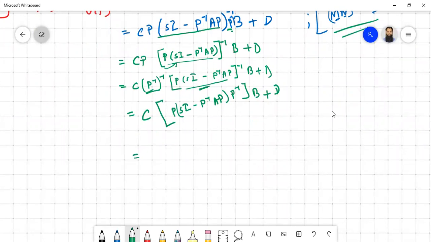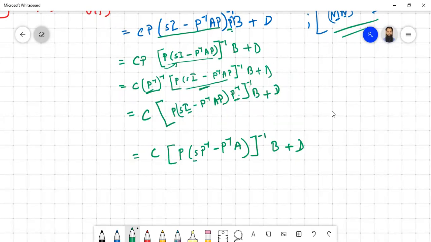Now, if you multiply this P with the parameters that you can see, it will be just multiplied with this one, so it will be P inverse simply. So P into S into P inverse, and P and P inverse will be cancelling each other, so it will be plus minus P inverse A. Then we have one thing we forgot, this inverse here. So overall there is inverse B plus D.